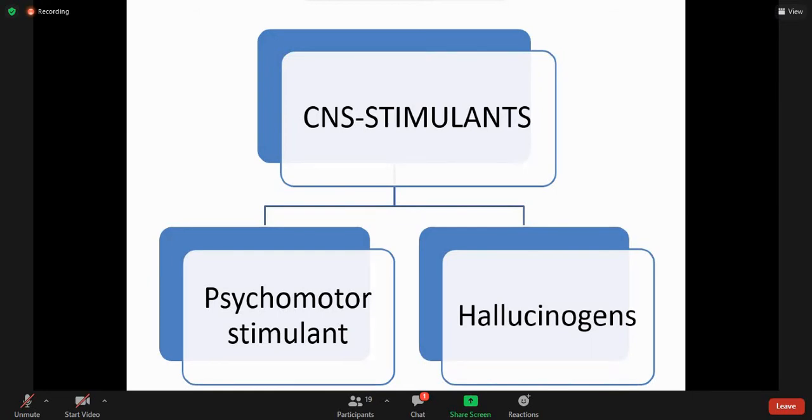Basically, hallucinogens means false perception, and this false perception may be related to voice, verbal hallucinations, visual hallucinations, and even smelling hallucinations. So there are different sensory varieties of false perception that occur in hallucinogens.